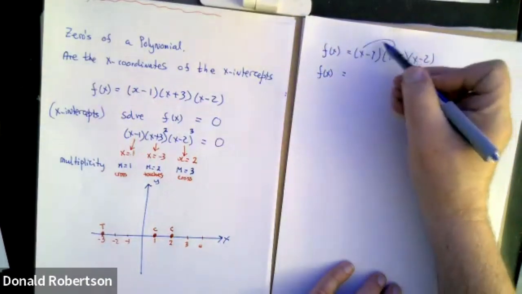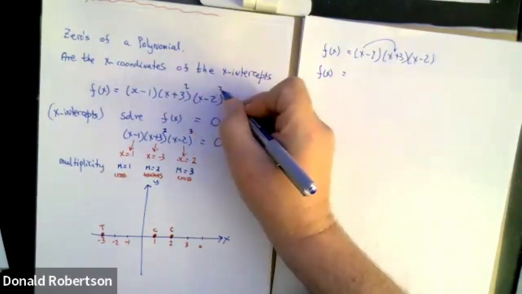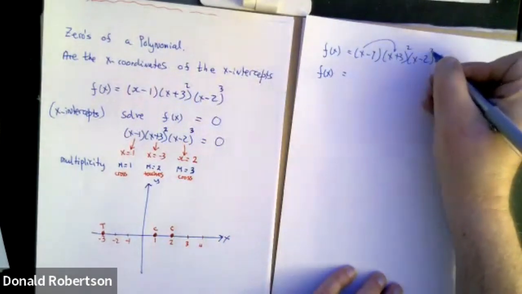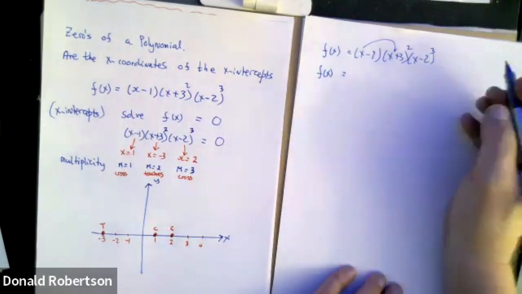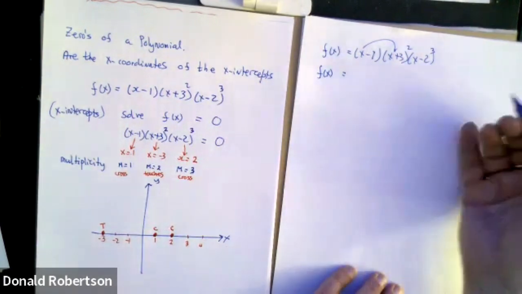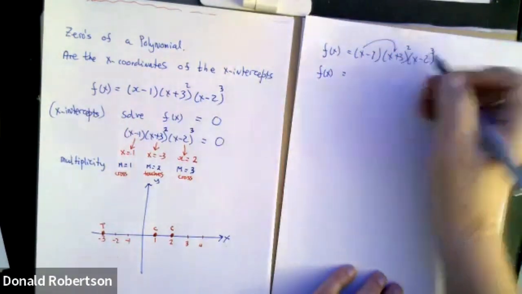If you think about what you would get if you multiplied that out, it would take you forever and a day to do that. But to get the degree, I only need to know the biggest power of x that you would eventually get out of this combination.